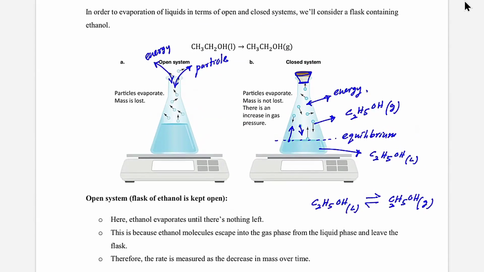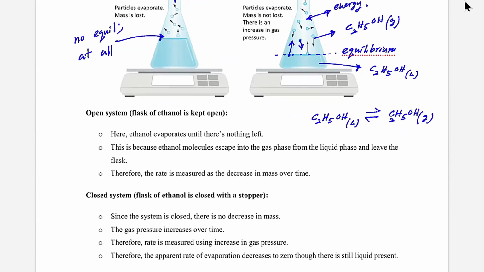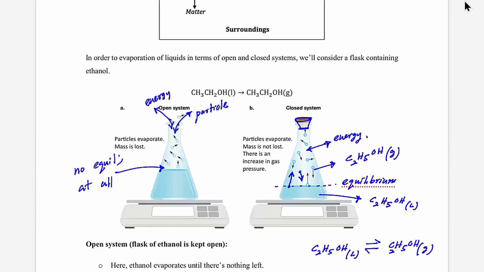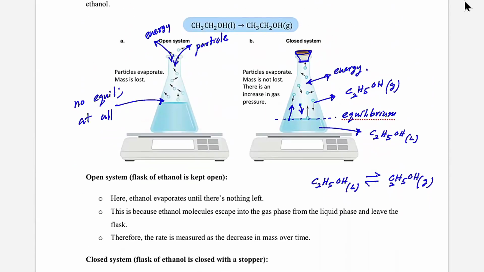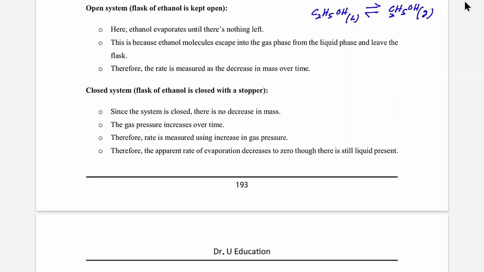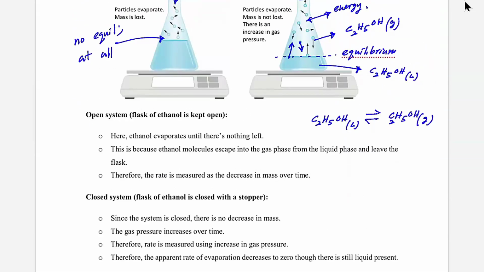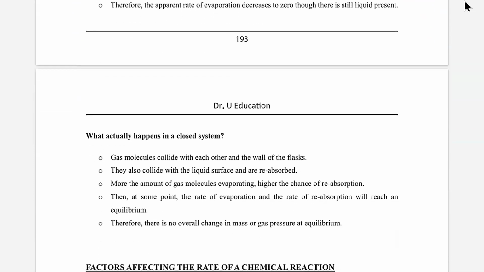In the open situation, there is no equilibrium at all, so all the ethanol will be evaporated. That is what we are discussing here, and this is the equilibrium situation we discussed. You can read through that. I already discussed this.